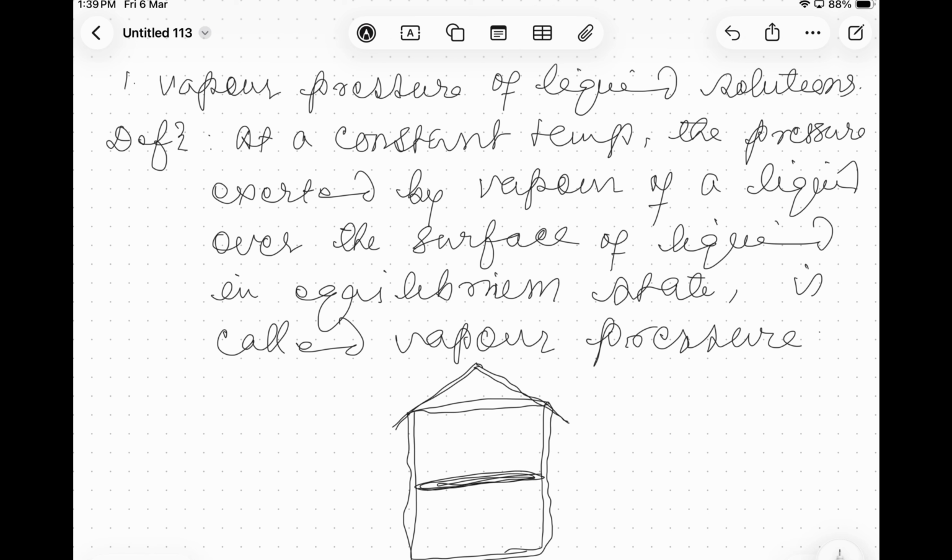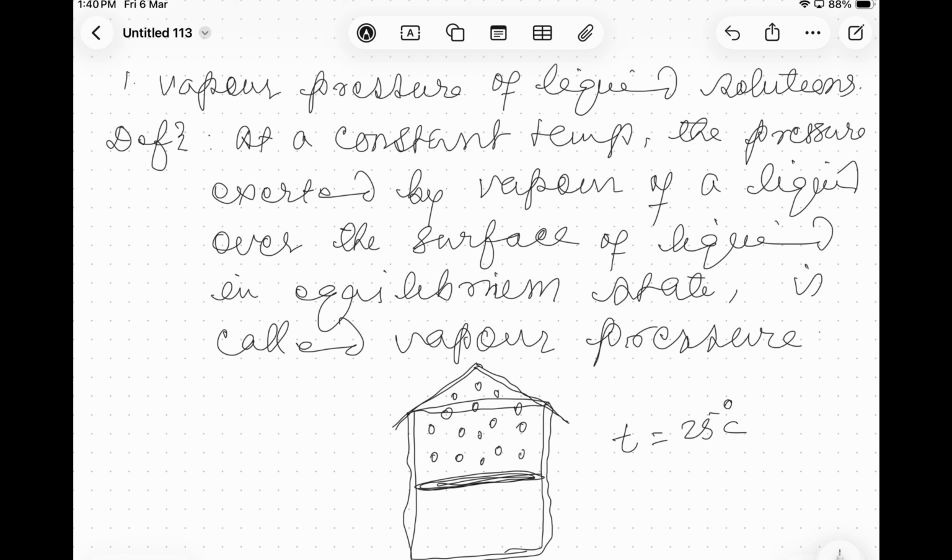If temperature is kept constant, suppose it is room temperature, even at room temperature, some molecules from liquid start to escape into vapor state, and gradually the number of vapor molecules increases.